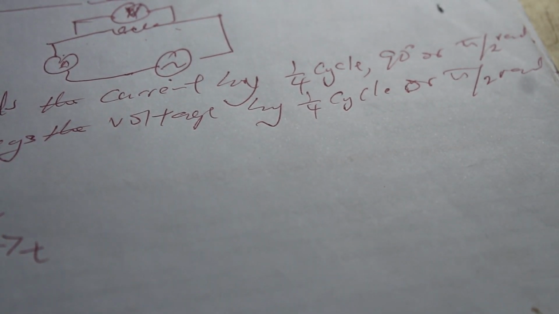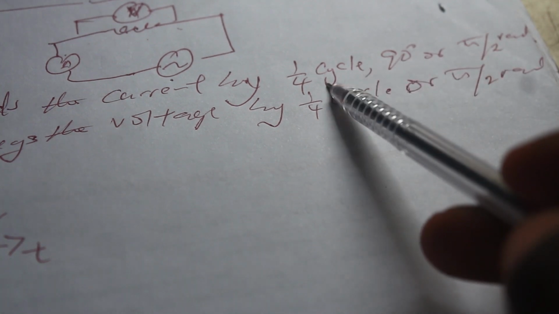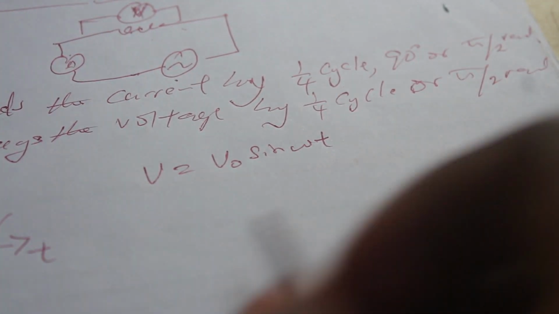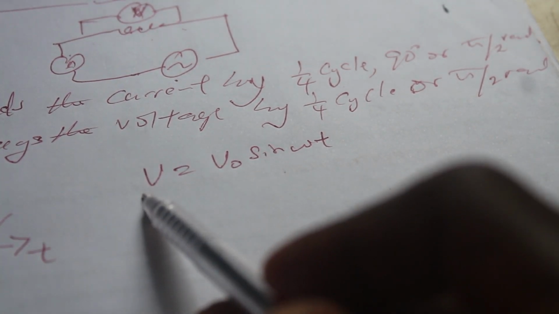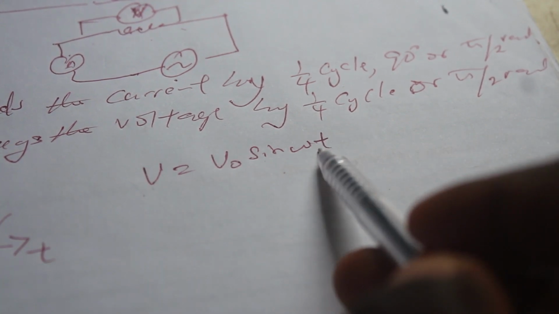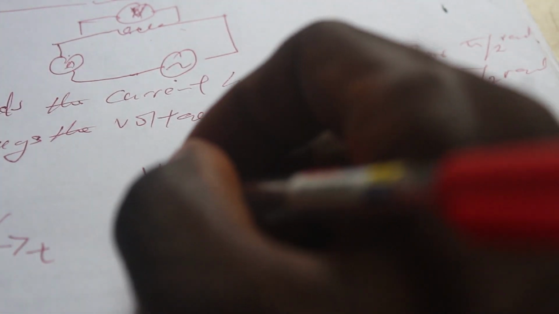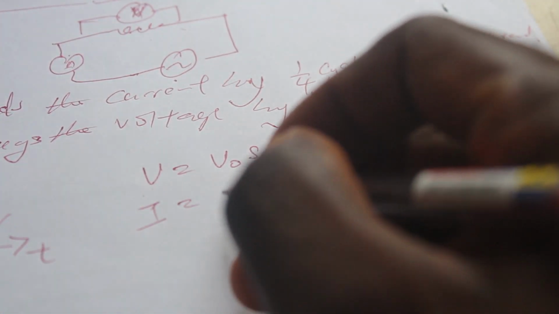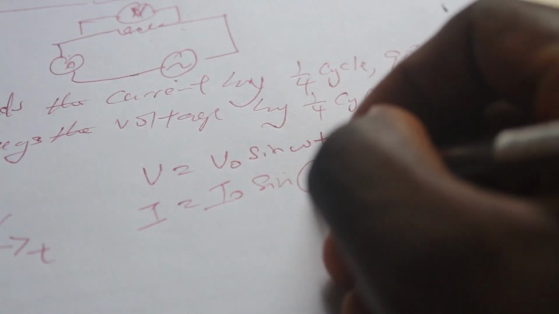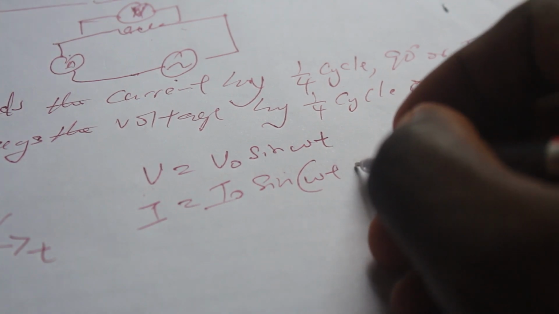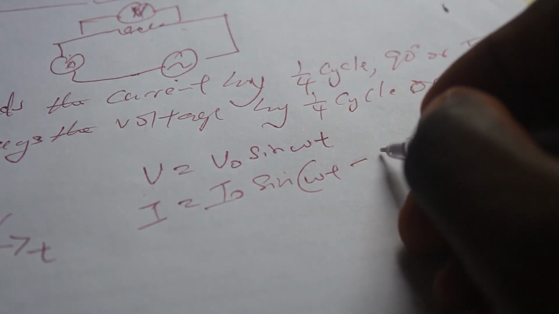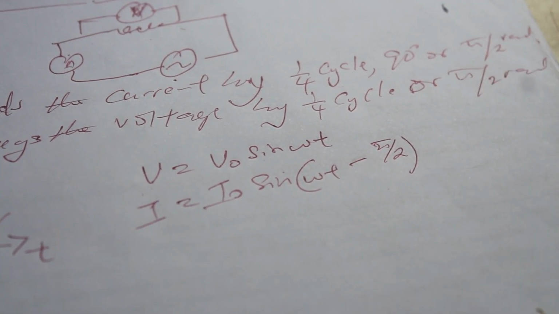Since the voltage leads the current by this margin, it means that if the instantaneous voltage is given as V0 sine omega t, which is the general formula for instantaneous voltage at every point in time, and it's time dependent, then the corresponding current will be given as I equals I0 sine omega t minus pi over 2 radian.